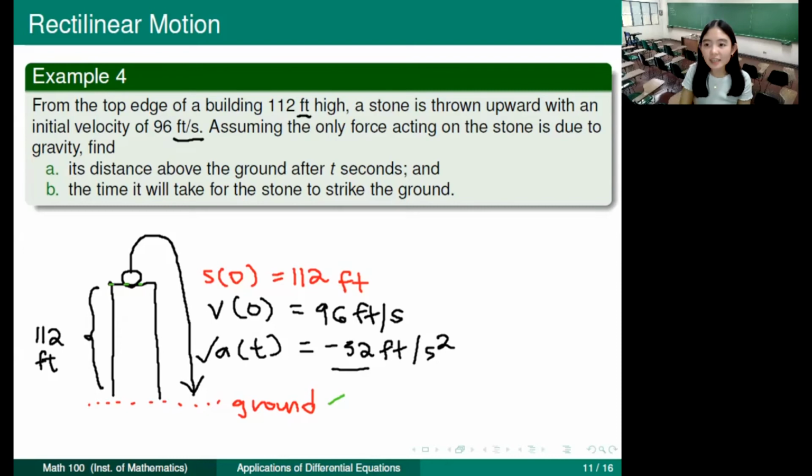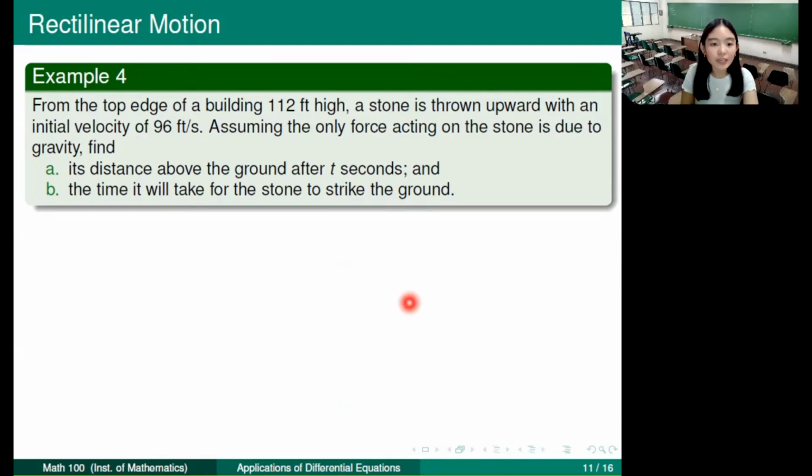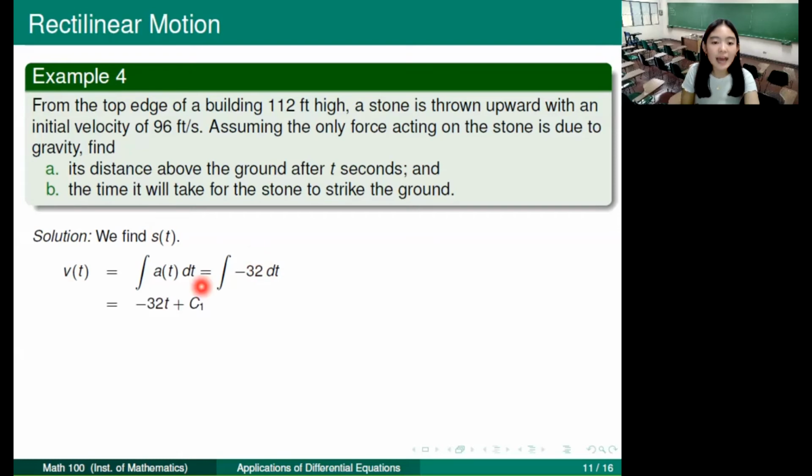So, let's do that. Let us integrate our A of t to get S. So, we find our S of t here na kaya nating makuha mula sa acceleration by integrating twice. So, syempre, dadaan muna tayo sa ating velocity. So, integrating our negative 32, we have this, negative 32t plus c sub 1. And similar lang rin sa ating previous example, we have to look for the value of c sub 1.